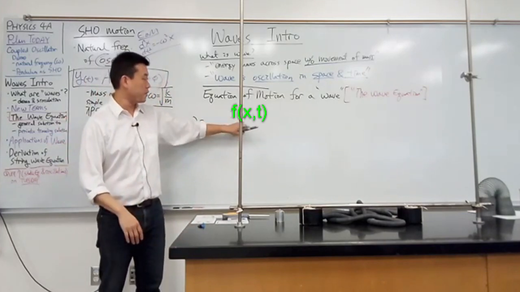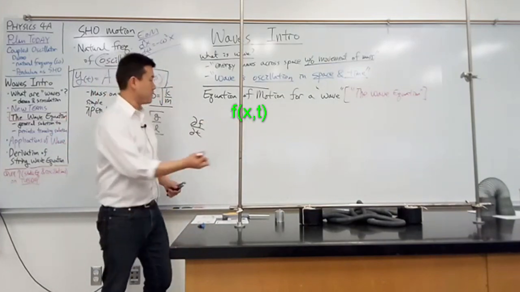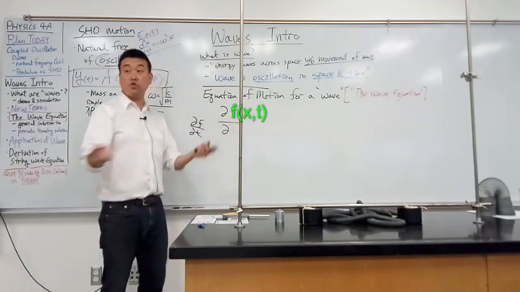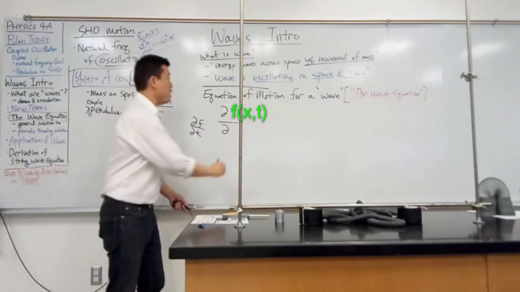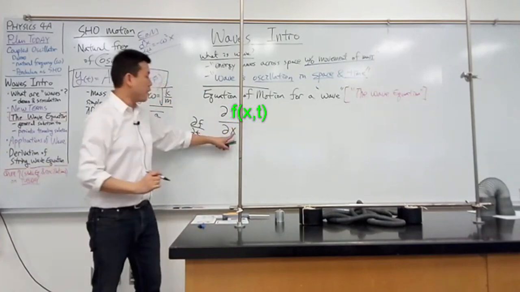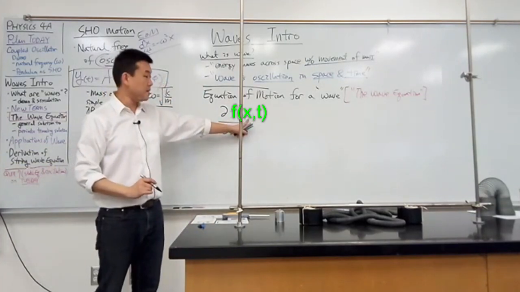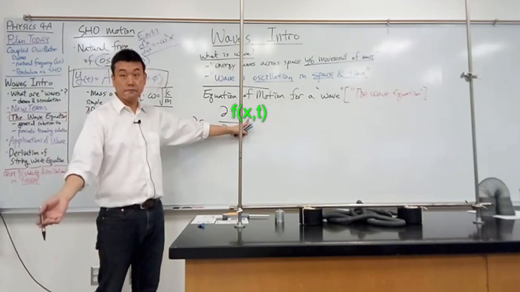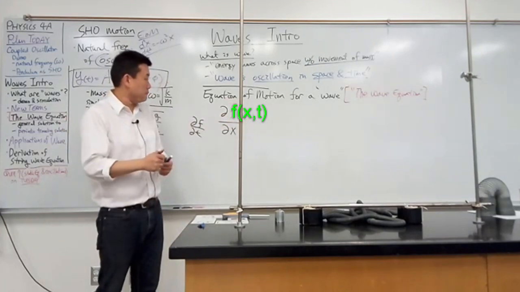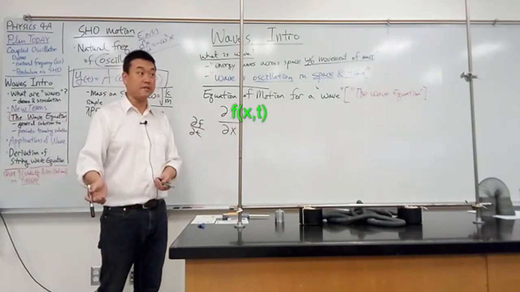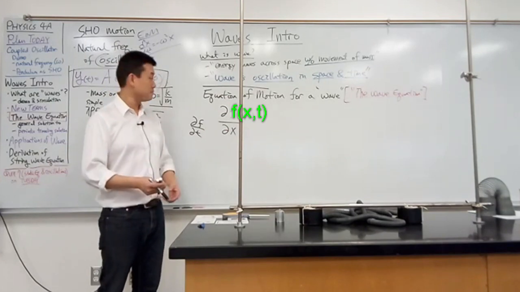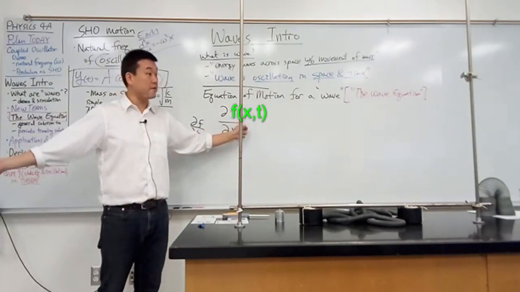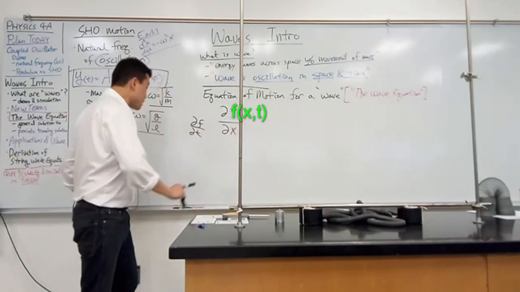When you have a function of multiple variables, what we mean by partial derivative is that when we are taking the derivative with respect to x, we pretend that t is a constant. You take the derivative with respect to x, and you treat everything else like a constant.